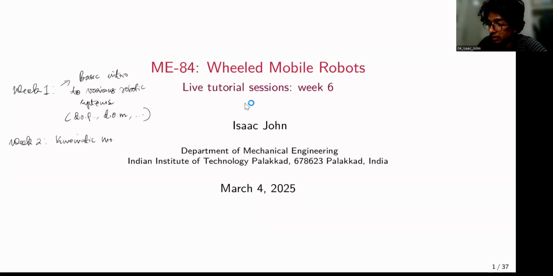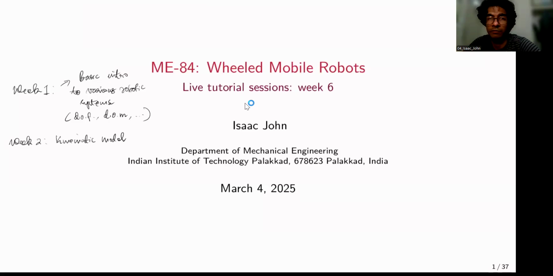of various configurations of wheeled mobile robots, right? We have seen what holonomic and non-holonomic mobile robots are, what their capabilities are, and how you would identify whether a mobile robot is holonomic or not. And then we have seen various different configurations, right?